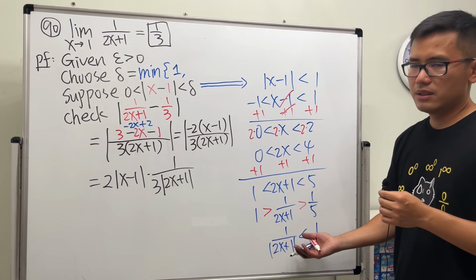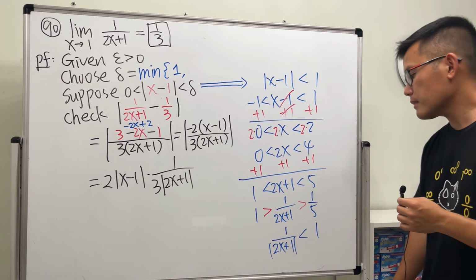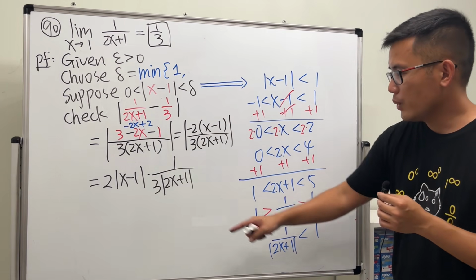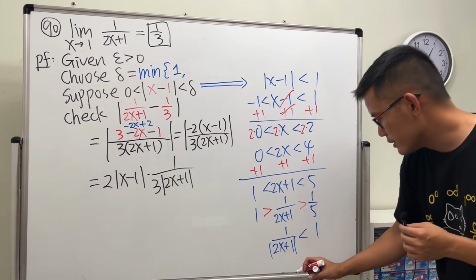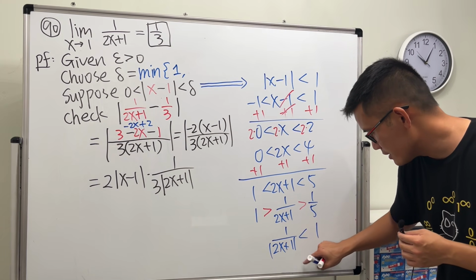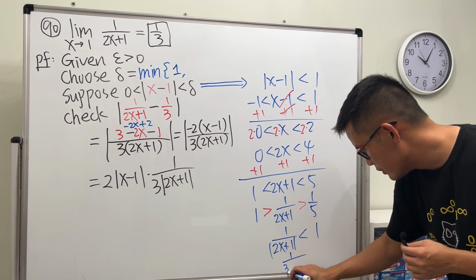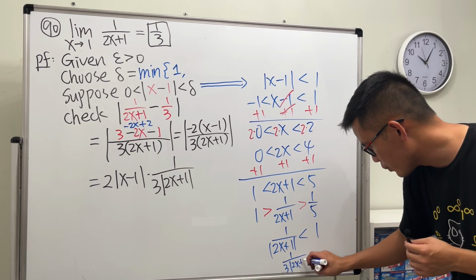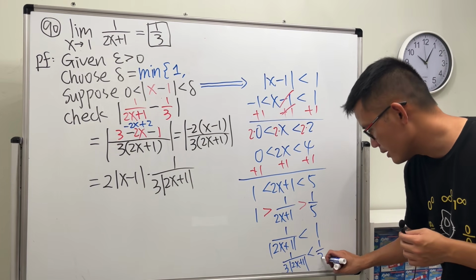Really interesting, because we saw the 1 earlier too. So let's just say that, to have enough space, 1 over 3 absolute value 2x plus 1 is less than 1/3.